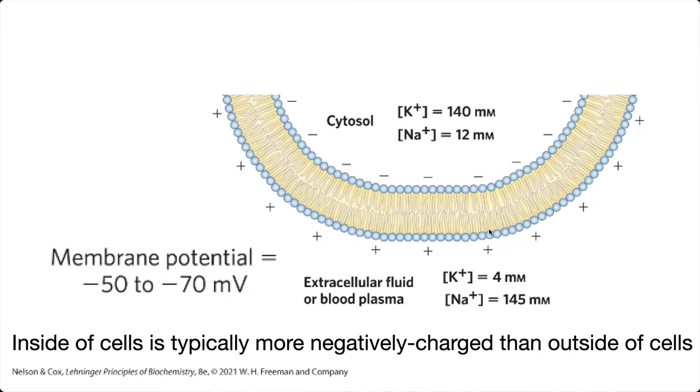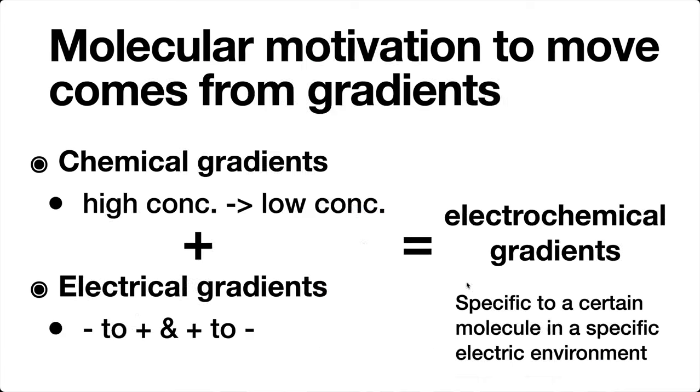But in order to keep the sodium concentration higher out here, we're going to have to actually pump the sodium out. And we'll see how we can do this. But for now, just know we've got chemical gradients and electrical gradients, and the combination of the two gives us an electrochemical gradient that is specific to a certain molecule in a specific electric environment.